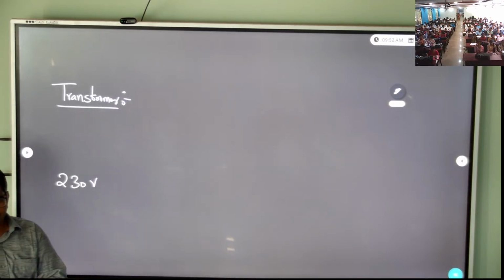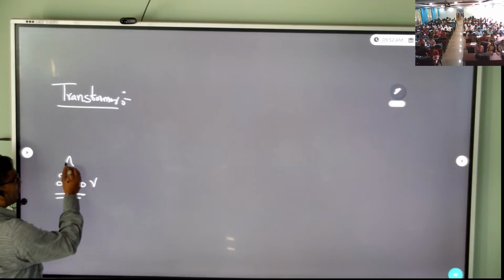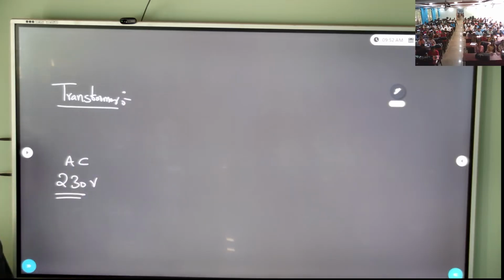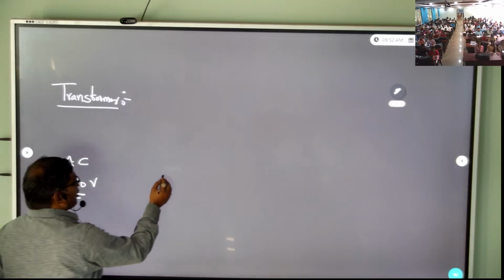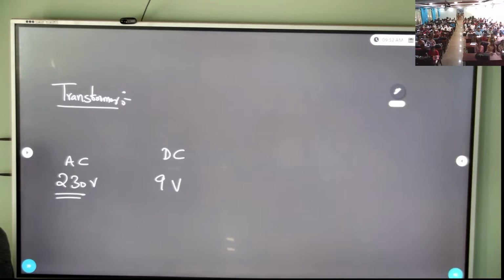For charging our mobile phone we are using a charger. What is the input? 230 volts AC. What is the output, at the charger pin? 9 volts DC.